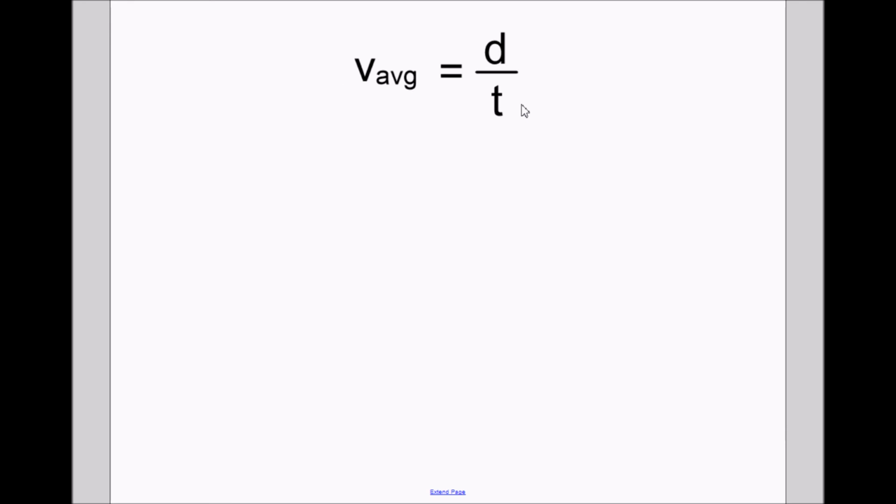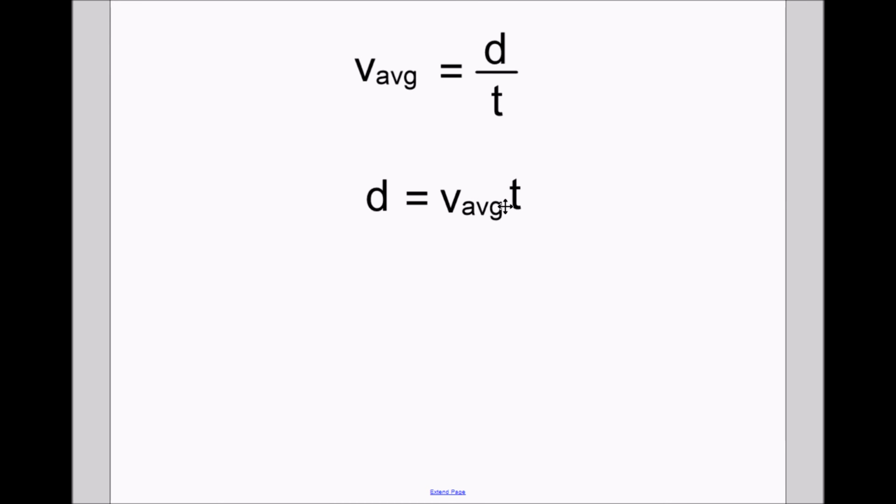Well, when you do the algebra to isolate distance by itself, you come up with this equation. You would basically take the average speed of the object and multiply by the time it would travel for. This equation will work as long as the time unit will cancel out the time unit that's in the average speed. There'll be some examples of this that you will see later on in the class.